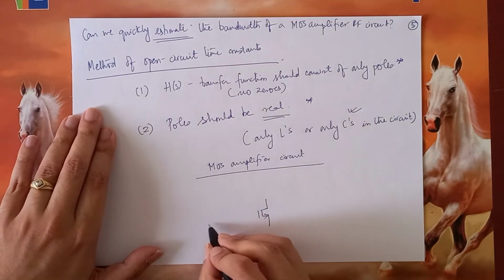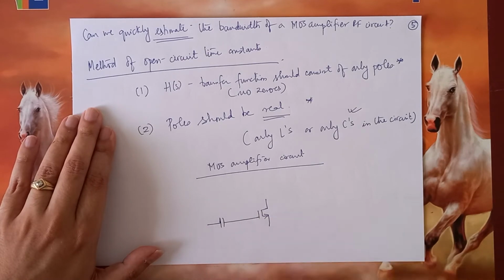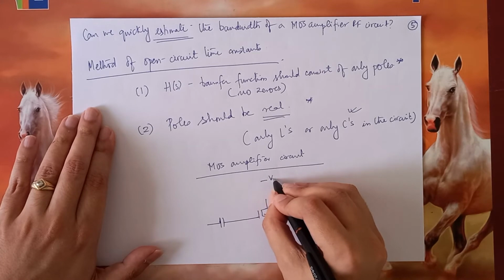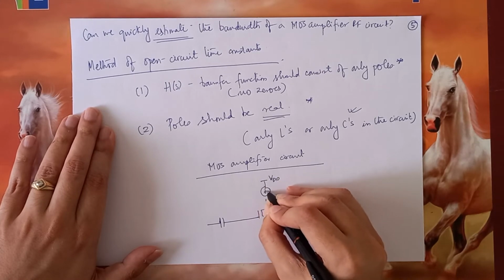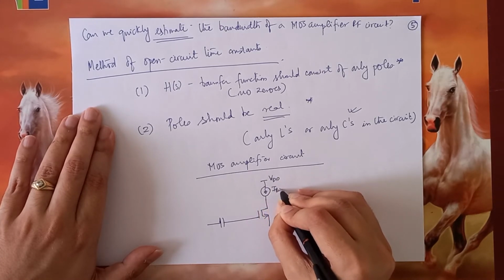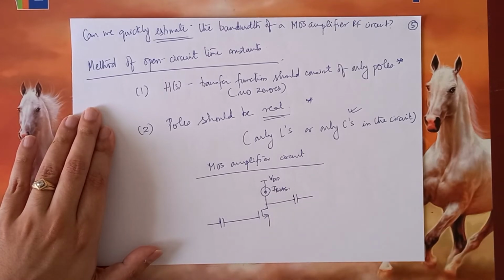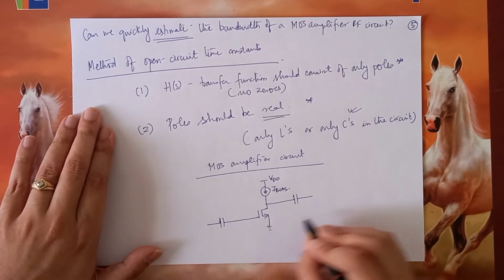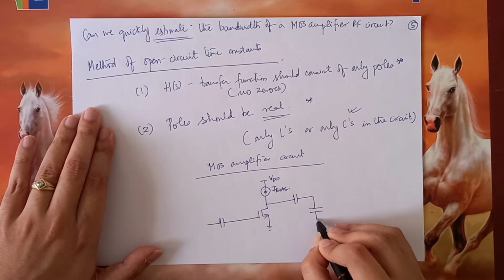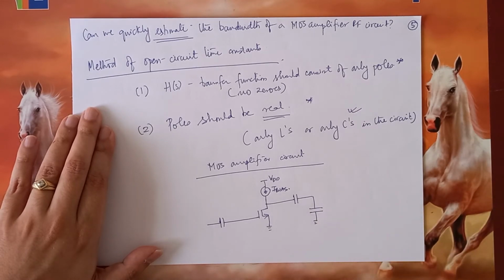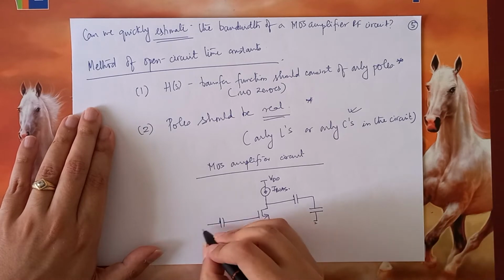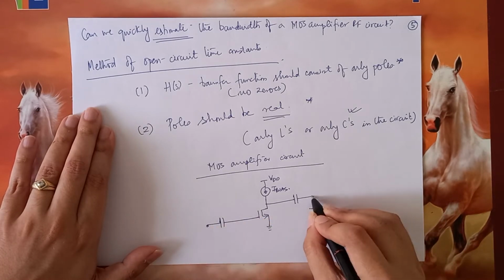So let us say I have one capacitor that's outside over here. Then there are capacitances which are inside the MOSFET. Let's say this is VDD. Let's say this is the DC I bias. Let's say one more capacitance I have over here. Let us say this is ground and this is a load capacitor. So let us say there are so many capacitors. This is input, this is output.